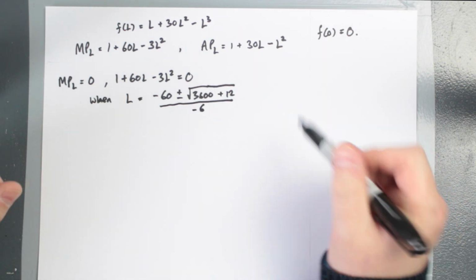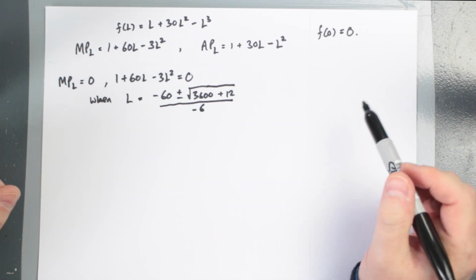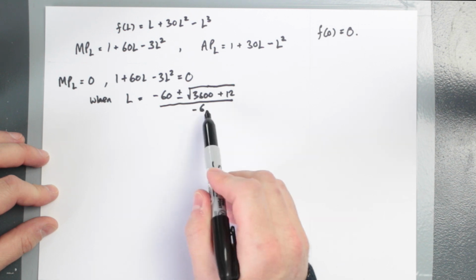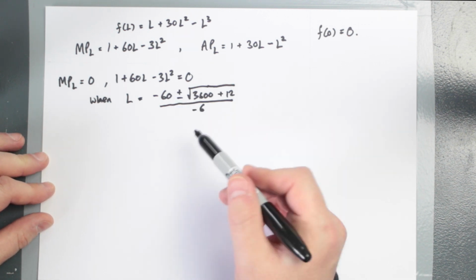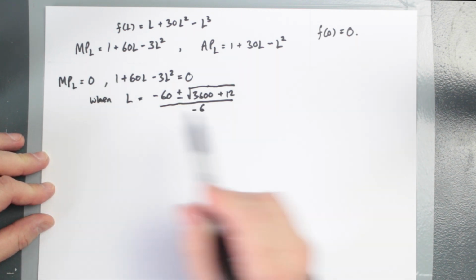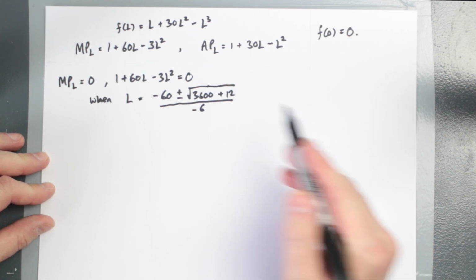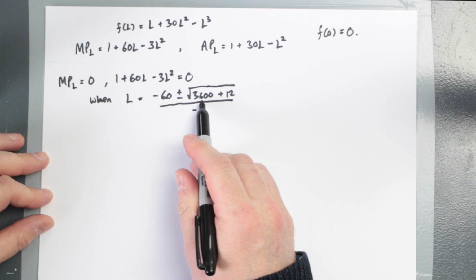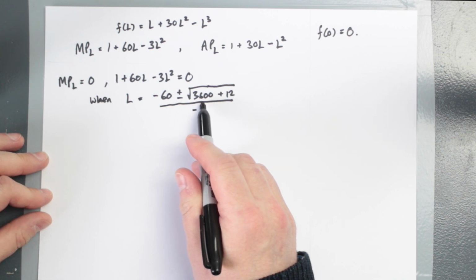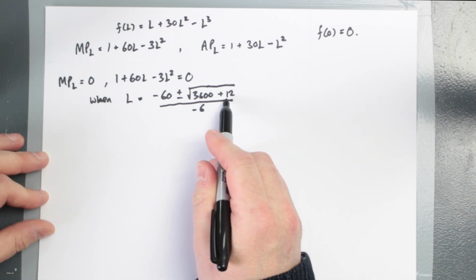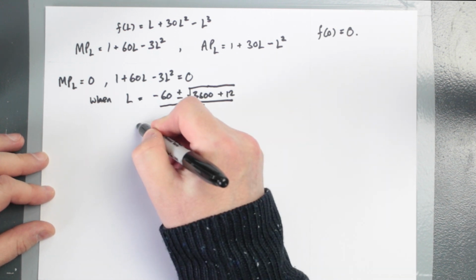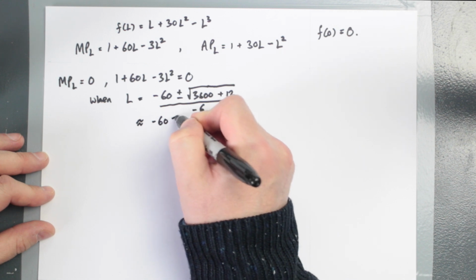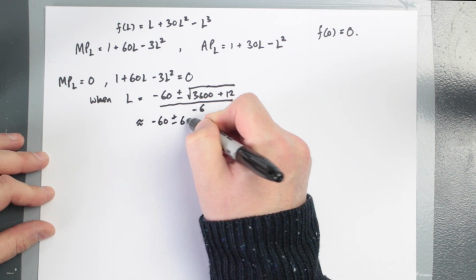Okay, so if we remember from GCSE mathematics, this would be the two solutions. The plus and the minus will give you the values of L that make MPL equal to 0. I'm going to do a trick here and say, well, look, the square root of 3600, I can do that in my head. That's 60. And this plus 12 is much smaller. So this is approximately equal to minus 60 plus or minus 60.